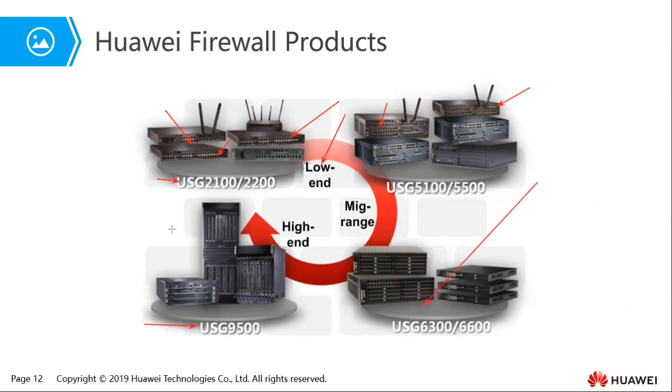High-end firewalls require super high processing power and are most of the time deployed at data centers. The mid-range is for medium-sized to large enterprises. The low end is for small campus networks, for example. Those are some of the firewalls that Huawei provides.